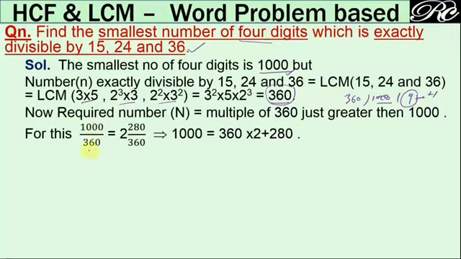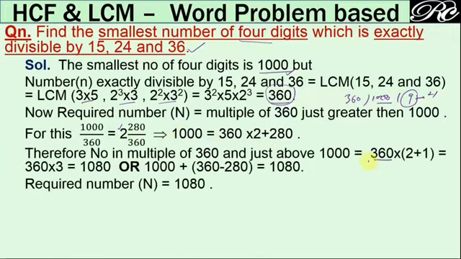Dividing 1000 by 360, we get 2 as quotient and the remainder is 280. So the required multiple of 360 just above 1000 will be 360 multiplied by the quotient 2 increased by 1, so that it goes just above 1000. So this becomes 360 into 3, which is 1080.